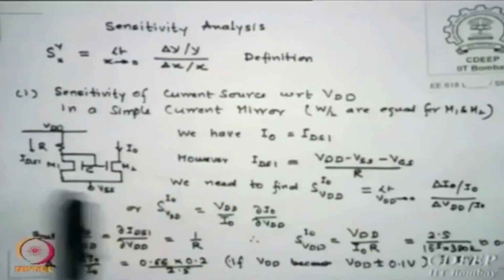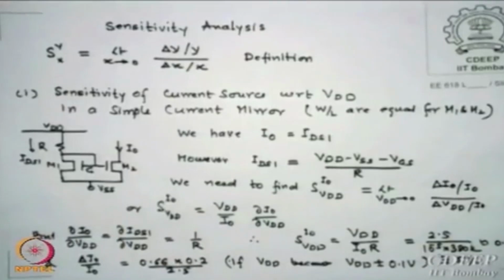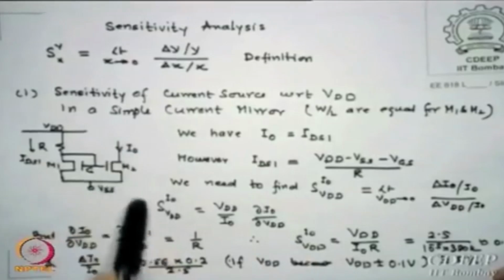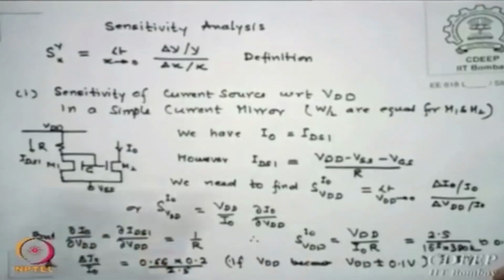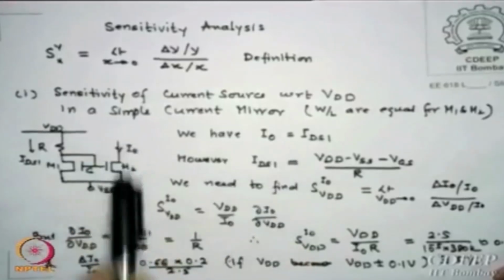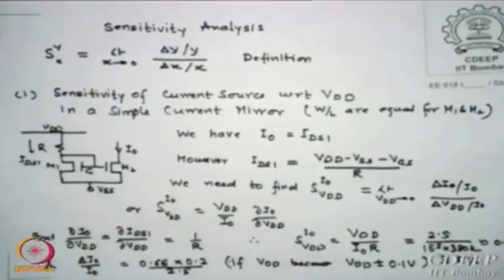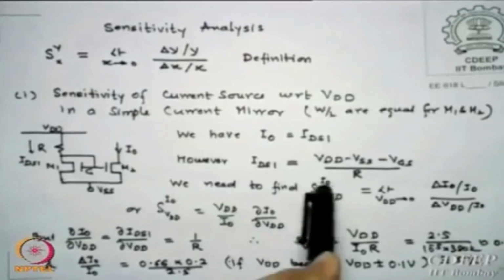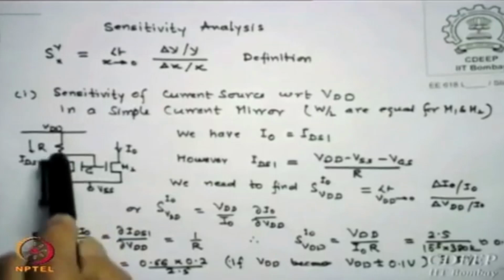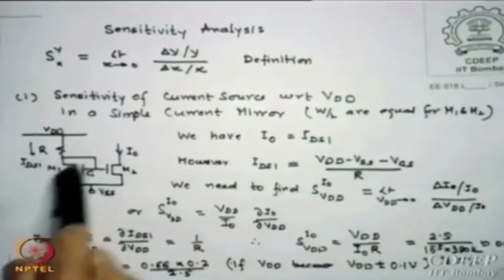Let us say for a simple mirror I calculate my sensitivity. Since IDS1 is equal to IDS2 if the W by Ls are equal, then I0 is IDS2, which is equal to IDS1. But how much is IDS1 we have calculated? VDD minus VSS minus VGS.